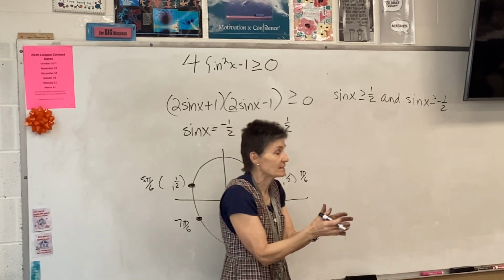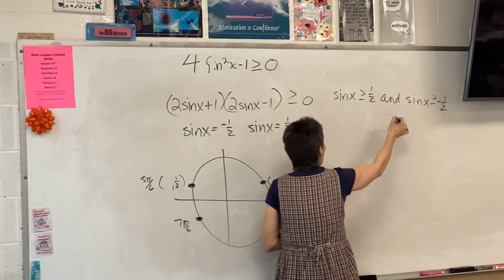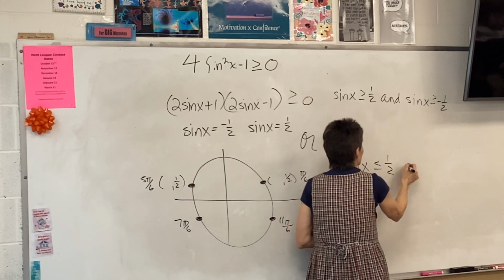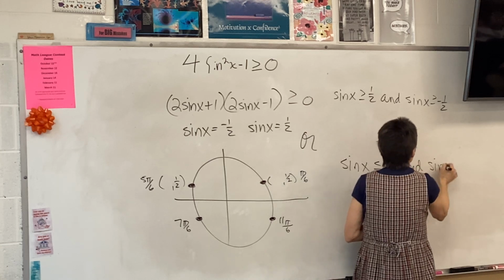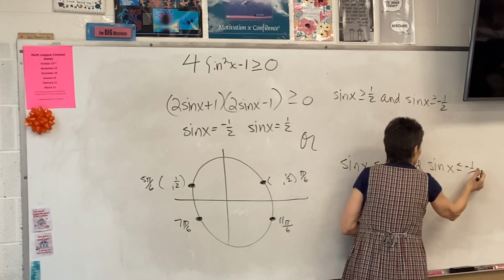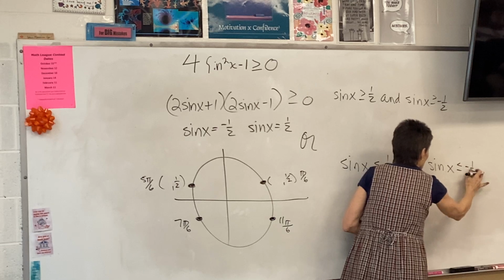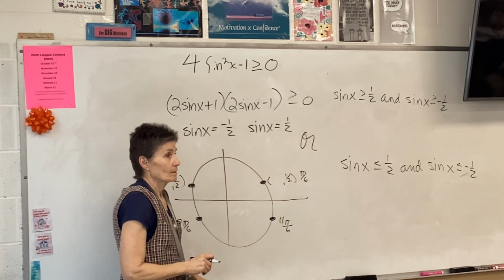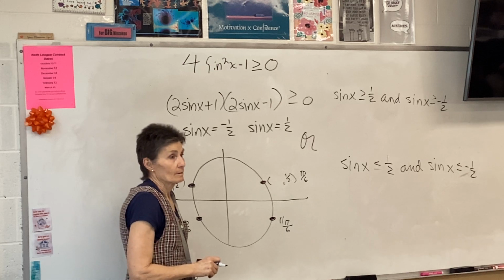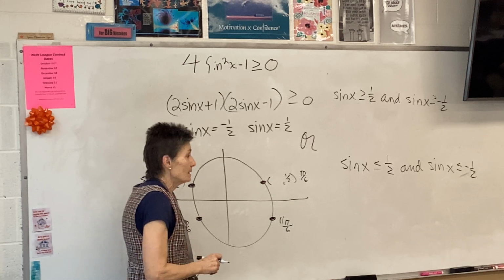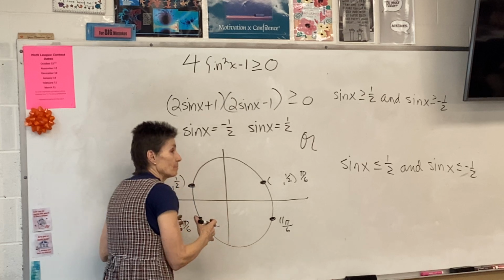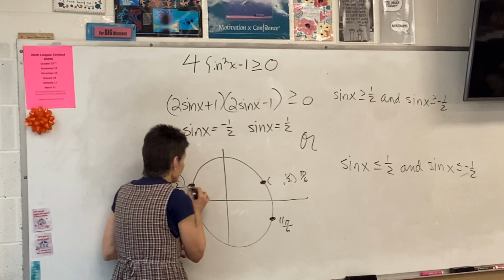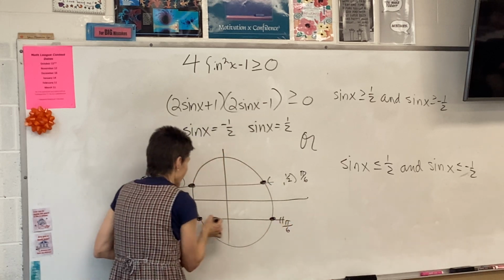Both of these guys are greater than 0, or they are both less than 0. Right? So here I am. These are y values, so I'm looking at this line and this line.